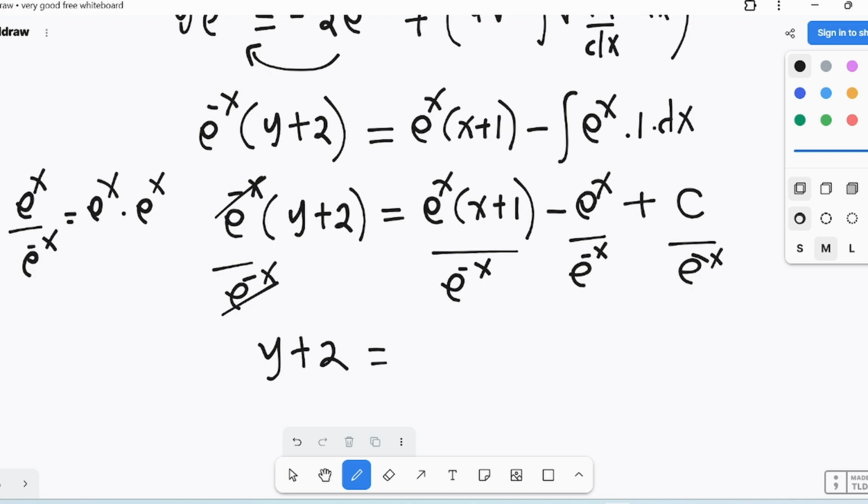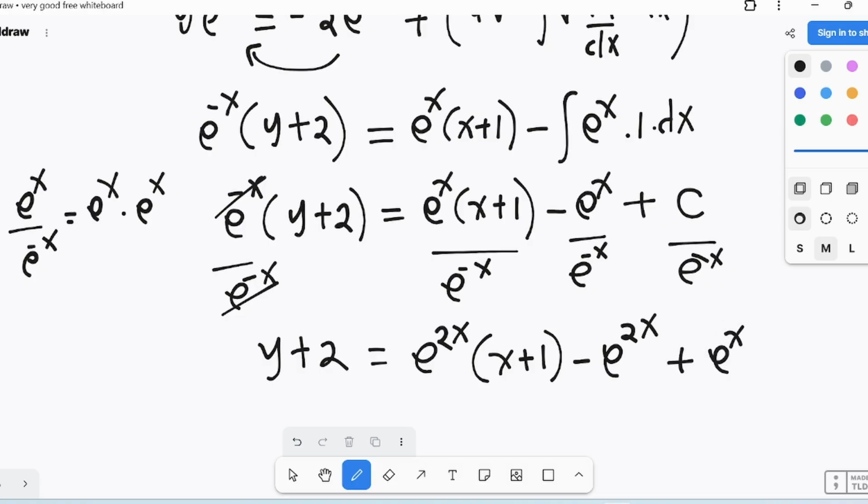I wanted to simplify it there. So this is e^(2x)(x + 1) minus e^(2x), plus e^x times c. Sorry, it is c, it's not the other way around.